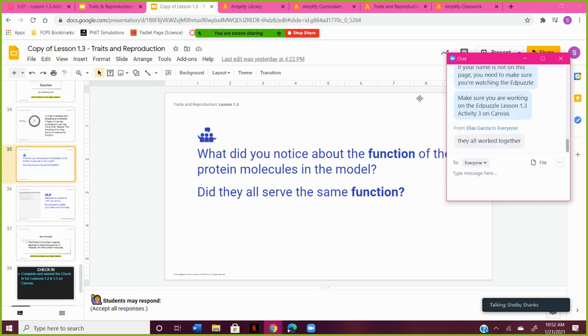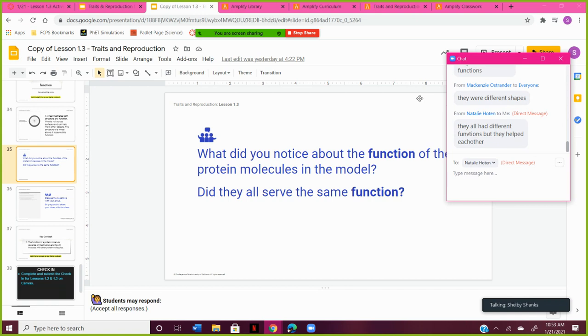Okay, so I said they all work together. You are correct. Some protein molecules may be stiff. They all had different functions, so they didn't all serve the same function, right? They were different shapes.